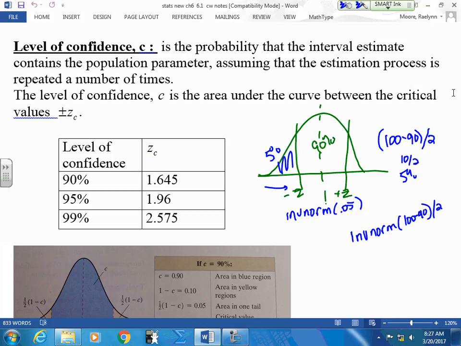But what z-score is it going to find me, a positive or a negative? If I look up this z-score, because my area is to the left, isn't this number going to be a negative? And this number would be the positive. My chart only wants the positive number.